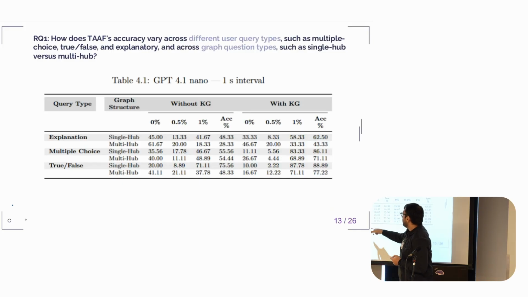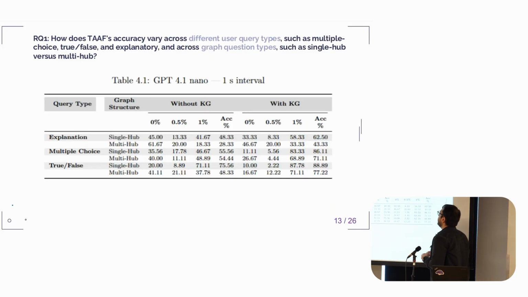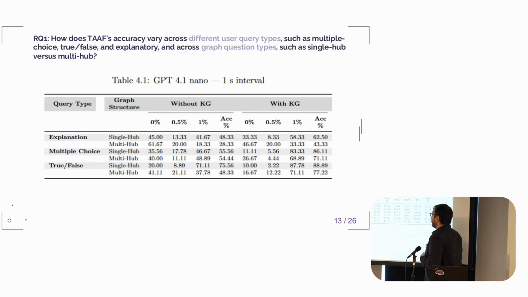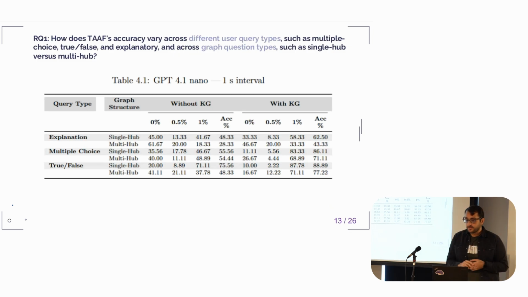Here we have our baseline, which is just the output of a state system directly going through the LLM. And here is when we actually create a knowledge graph and pass that knowledge graph to the large language model. So for example, for true or false single hop questions, we have 75% accuracy in the baseline setting, and 88% accuracy when adding the knowledge graph.